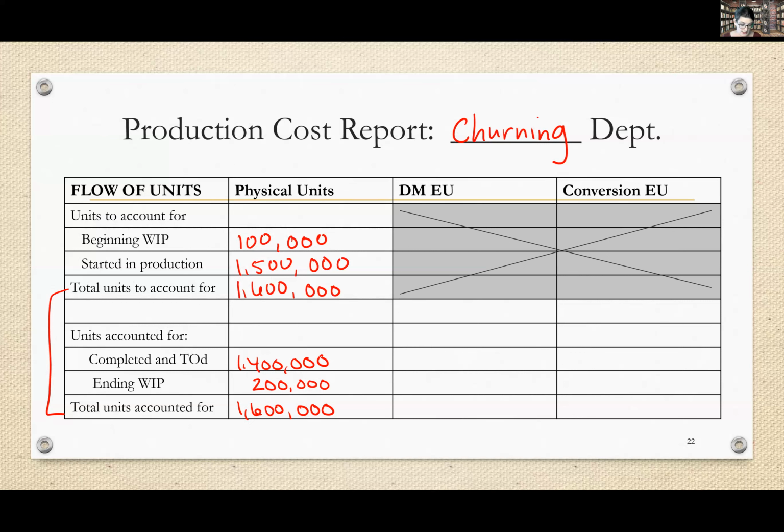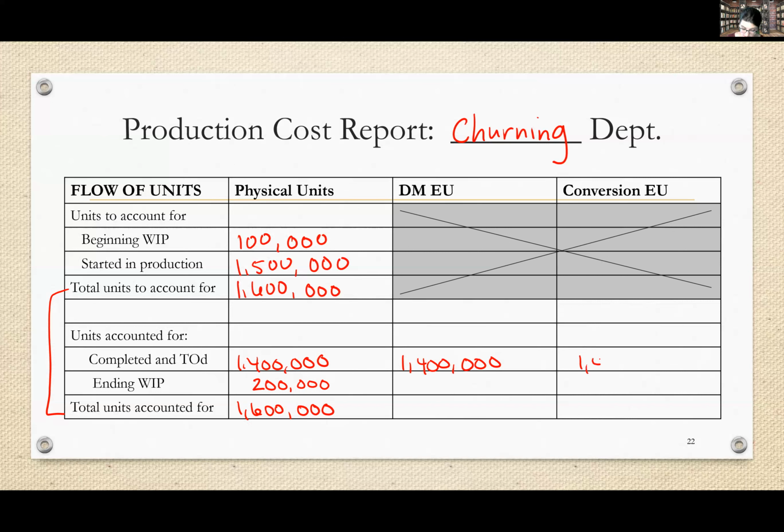The 1,400,000 units I transferred out, I won't transfer them unless they are 100% complete. I'm not going to transfer half finished product. So anything that's been moved out of my department, I know is 100% completed. So I can multiply 1,400,000 by 100%. And the direct materials and the conversion cost are going to be 100%.